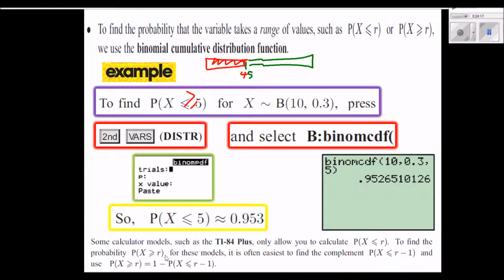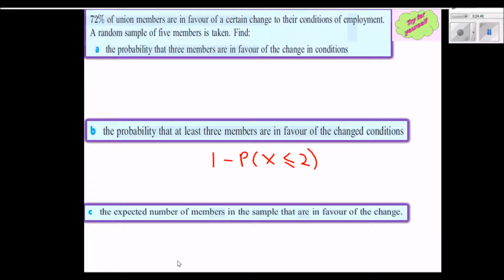So if they did want probability x is greater than, for those models it's easier to find the complement: probability x is less than or equal to r minus 1, and then use the fact that it's 1 minus that value. So in this case, don't change it, just leave it as x less than or equal to 5, because that's what the example was for and that's what the default is for the calculator. Our calculator assumes that it's in the form of x less than or equal to 5.